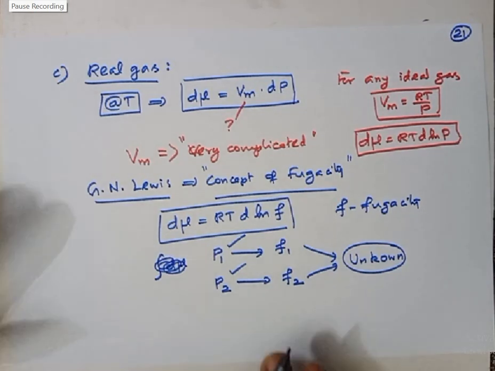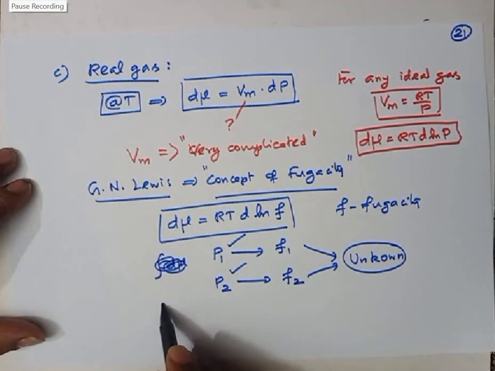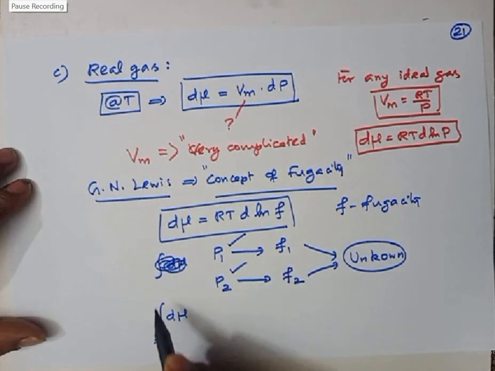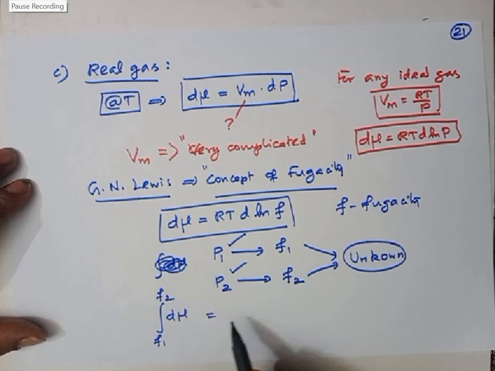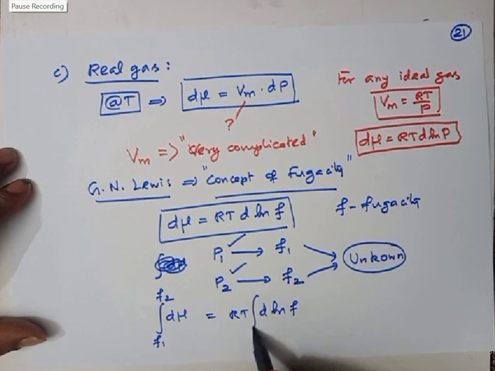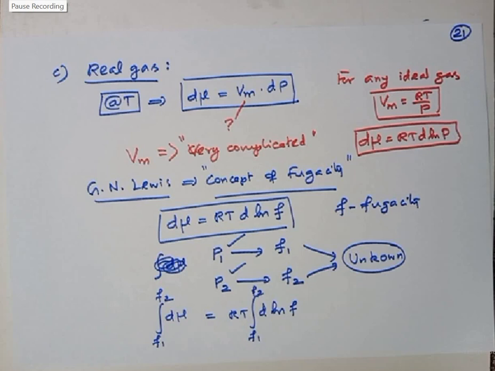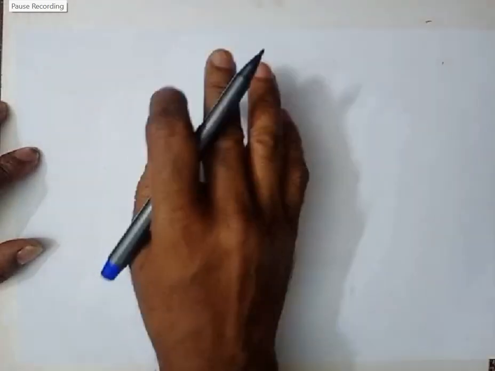Now I am going to integrate both sides. Integrate d mu, the limits are F1 to F2, and on the right hand side RT into d ln F, I'll integrate this from F1 to F2. I'm integrating both sides. On the left hand side, if you integrate d mu, you will get mu.